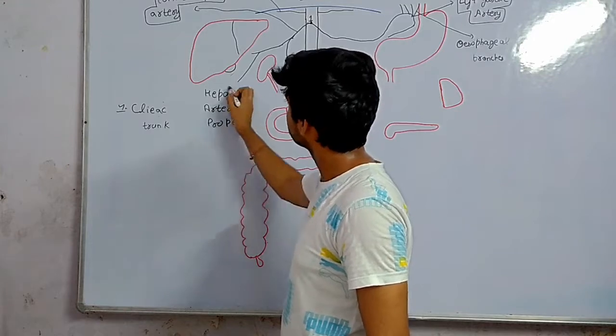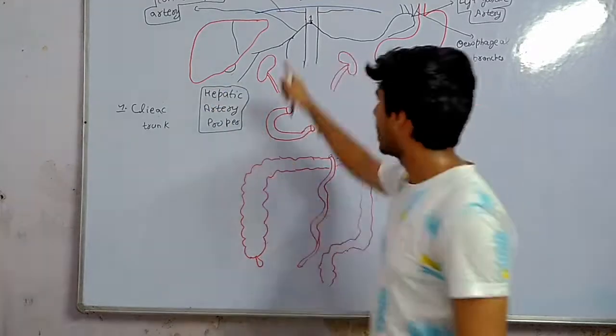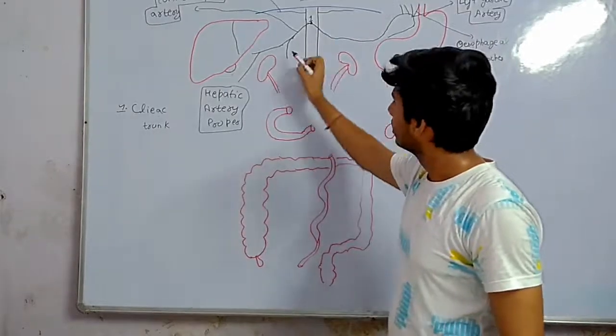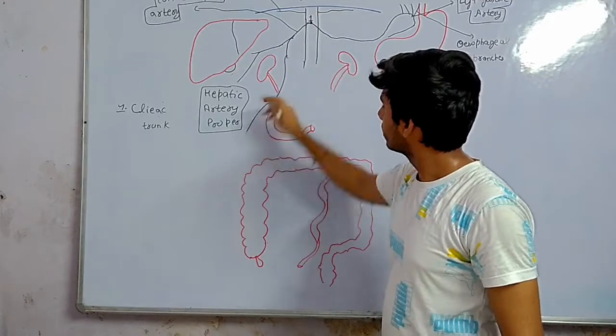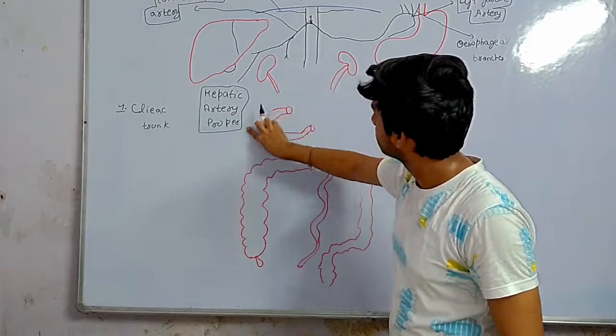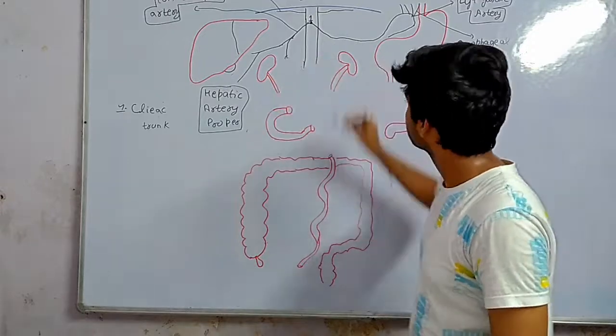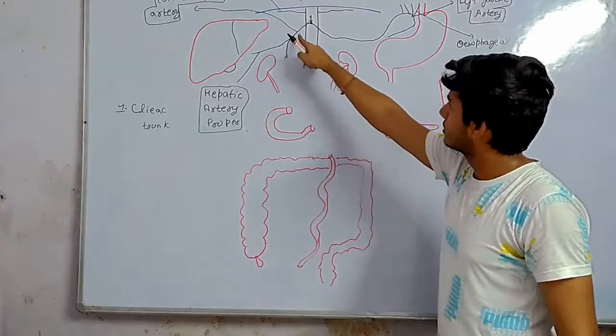The branch which goes inferiorly is called another branch. We know this is the common hepatic artery.